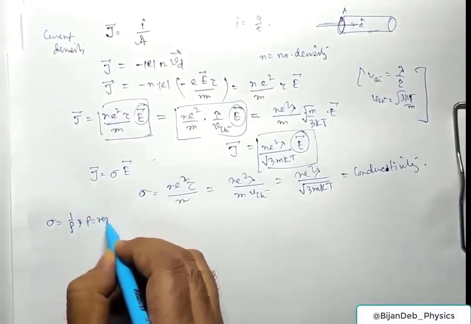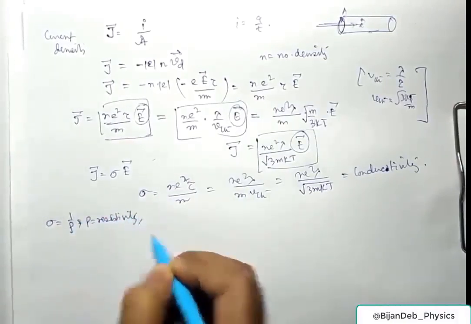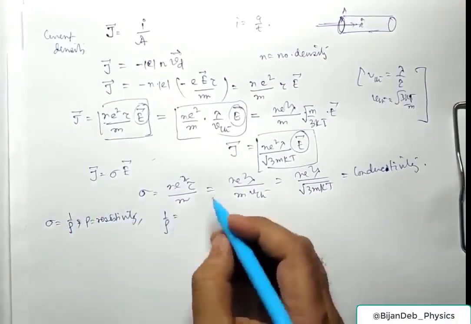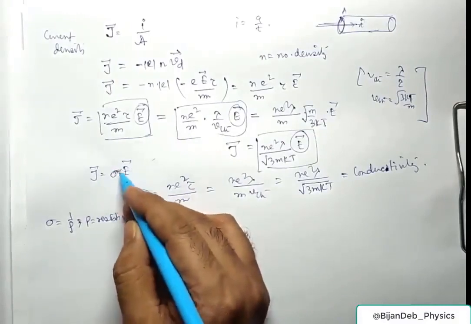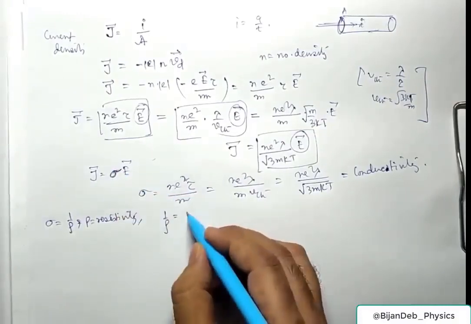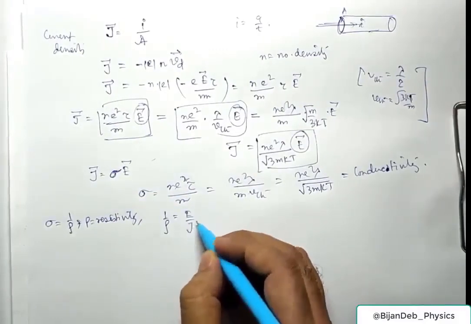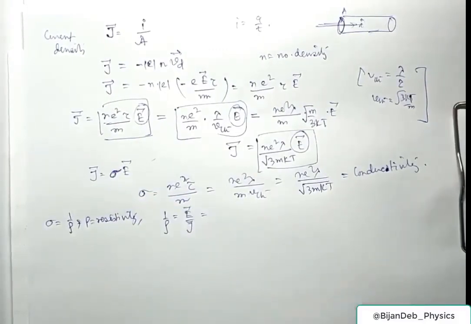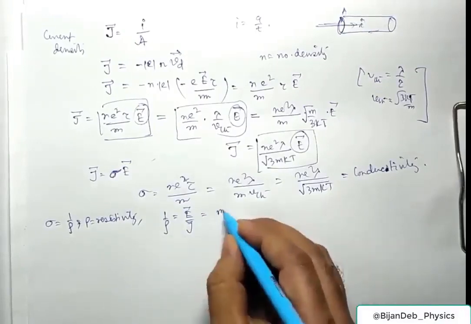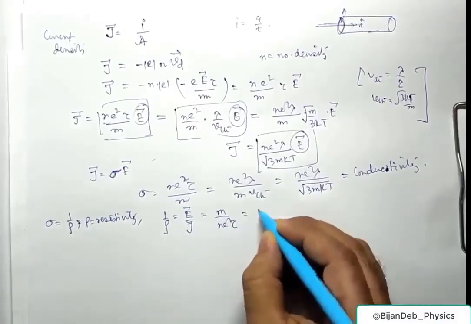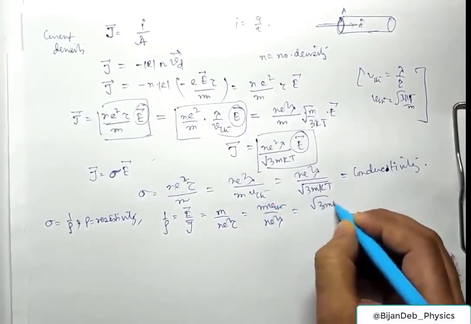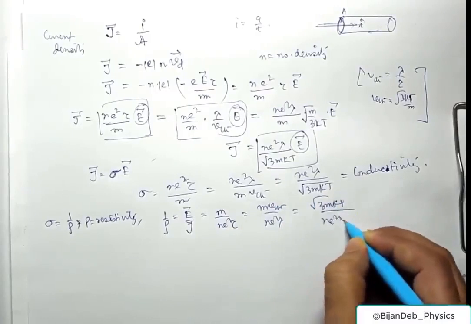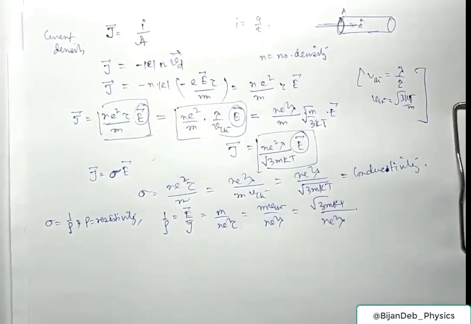Now we define another term, rho, the resistivity. So sigma is 1 by rho, and rho is E by J vector. It will be exactly the reverse of that one: you just reverse the sigma part.